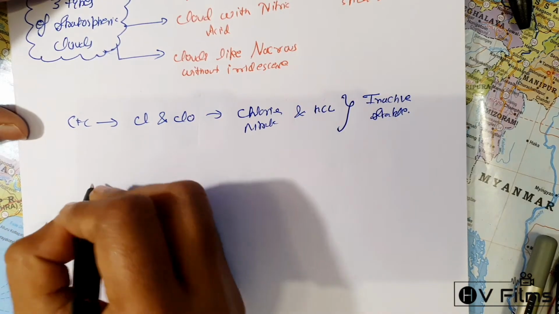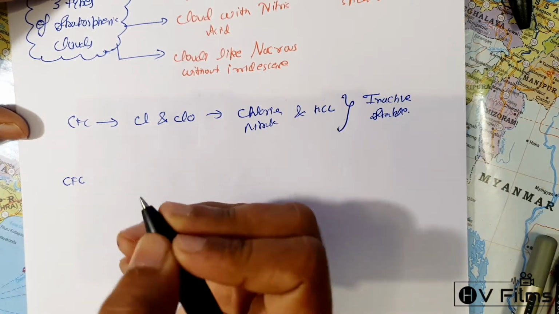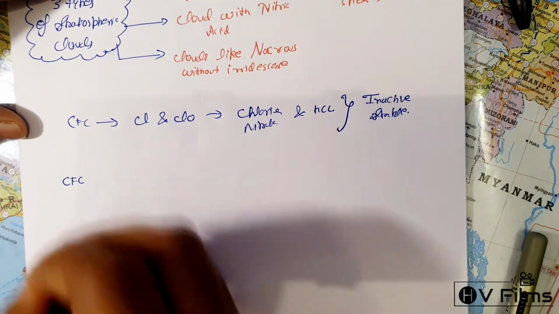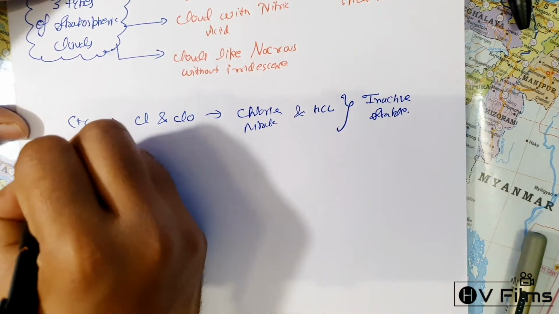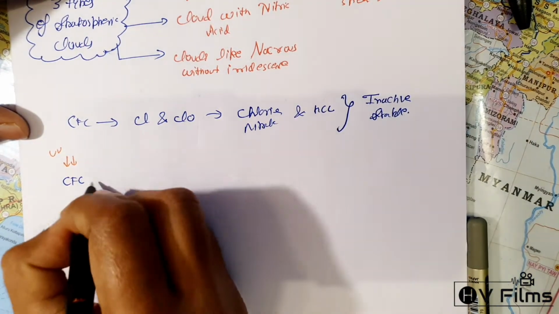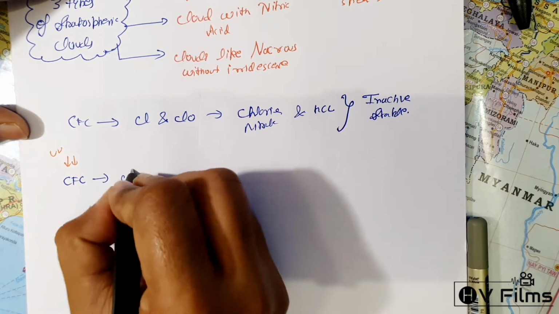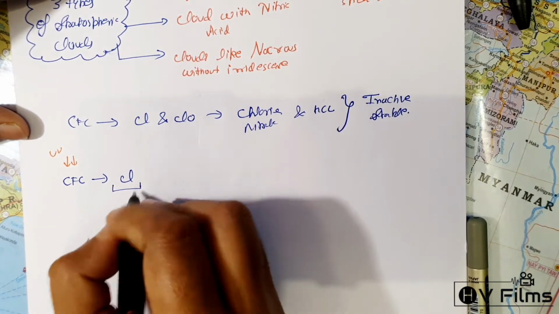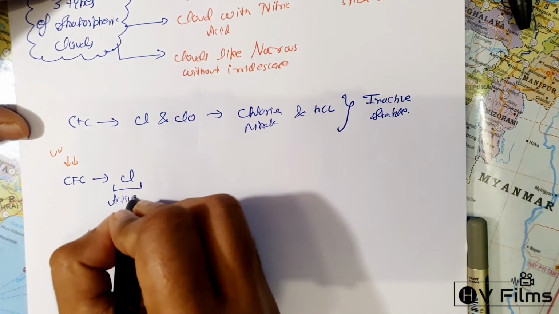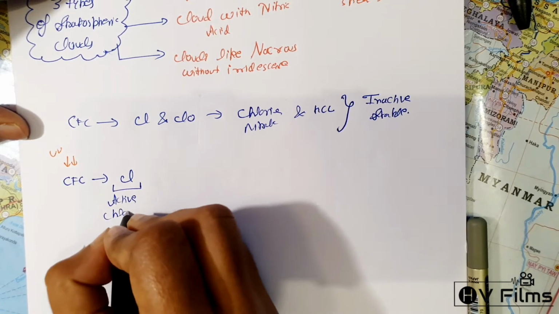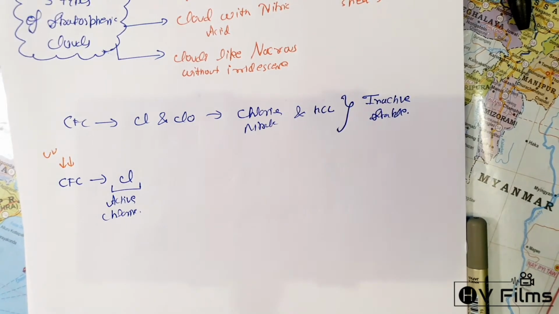Now the CFC, when it is attacked by the UV, releases the chlorine, which is the active chlorine.